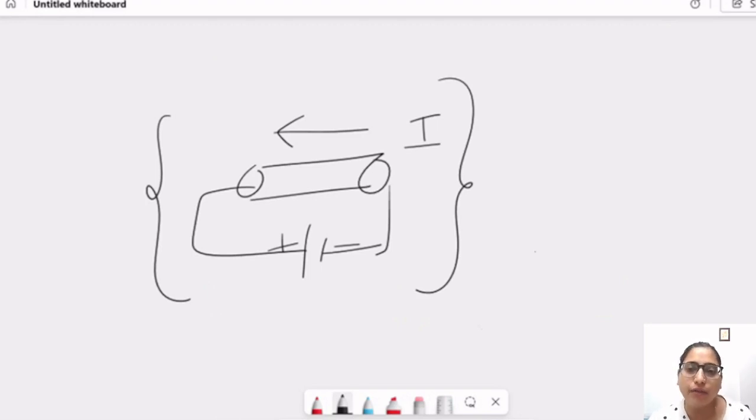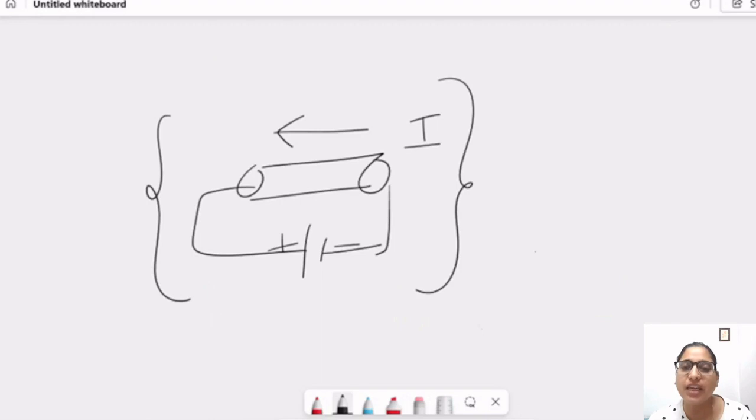Okay, as a part of the definition, we can say electronics is electron mechanics. It is a science and engineering field which deals with the motion of electrons under the influence of an applied electric field. Now we have two terms, electrical and electronics. Are they both different? Yes, they are.